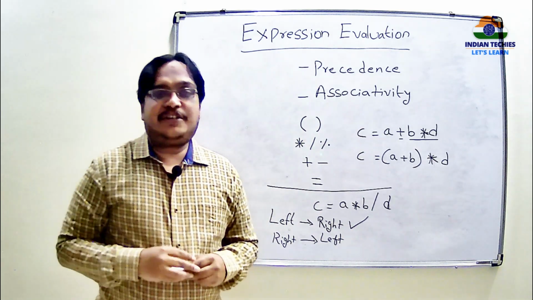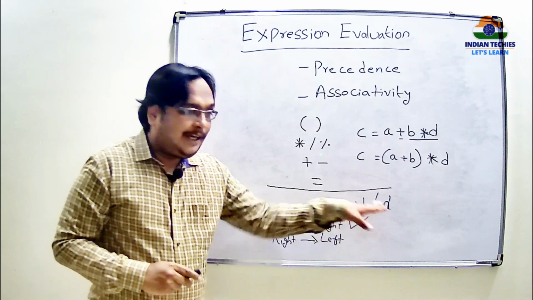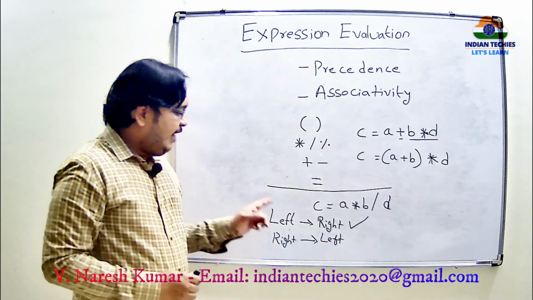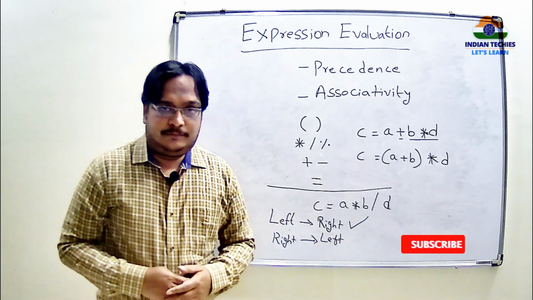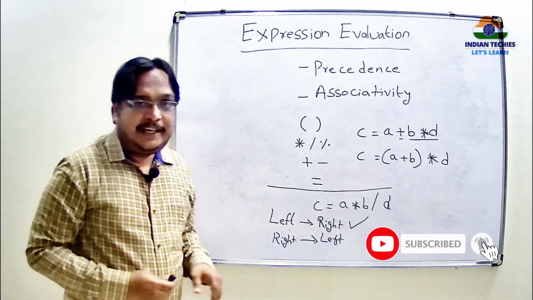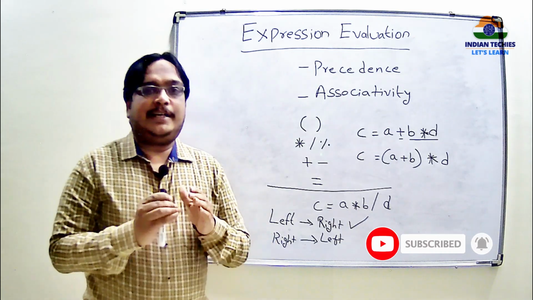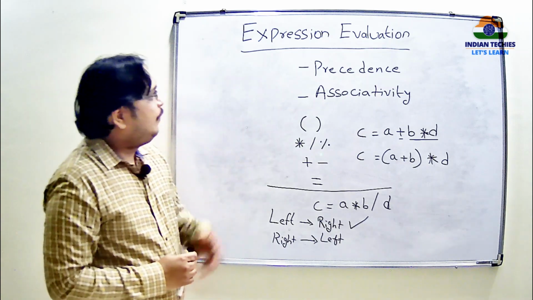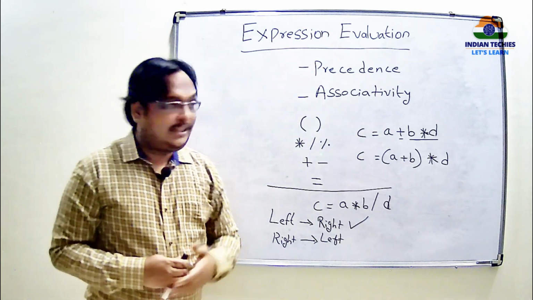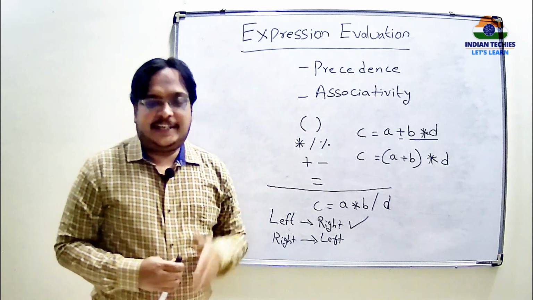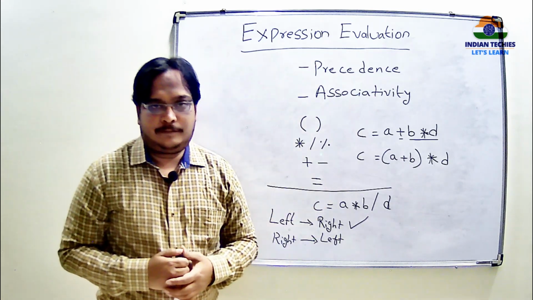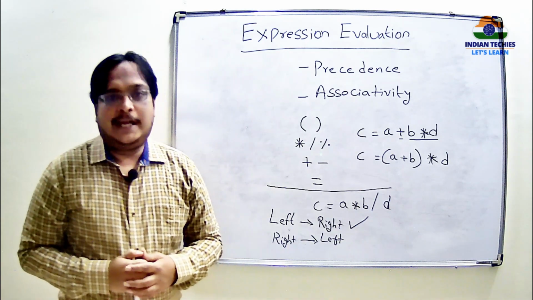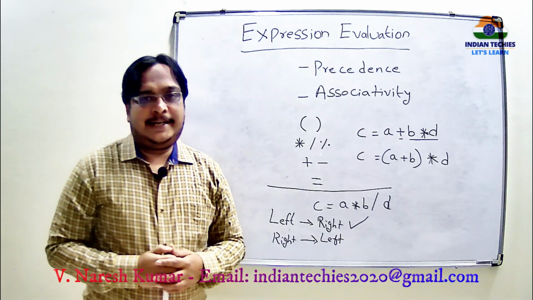Whenever you write any equation in the program, when two same priority operators come into the equation, it follows left to right. This is what associativity is. Whenever any expression is written as a statement in a C program, the compiler follows the expression evaluation rules by default, that is precedence and associativity. That's all about expression evaluation and the two properties, precedence and associativity.